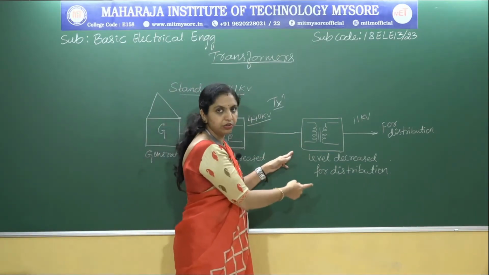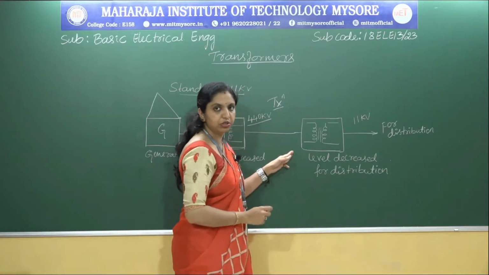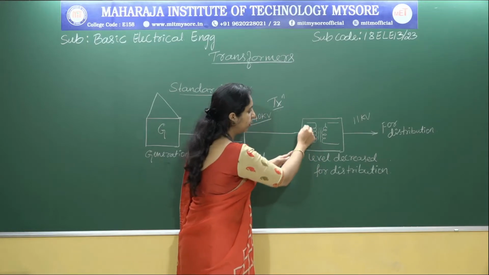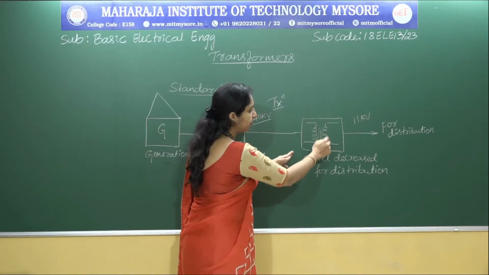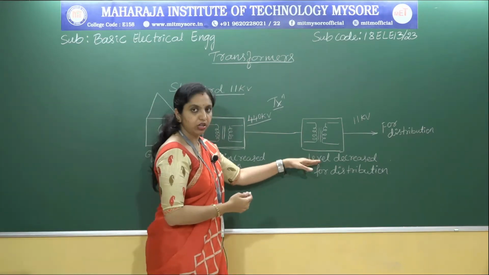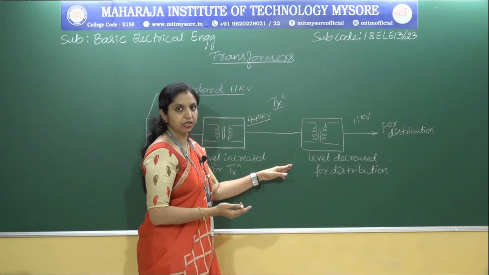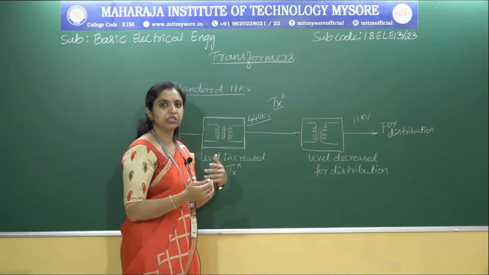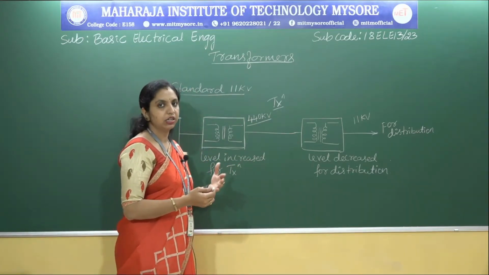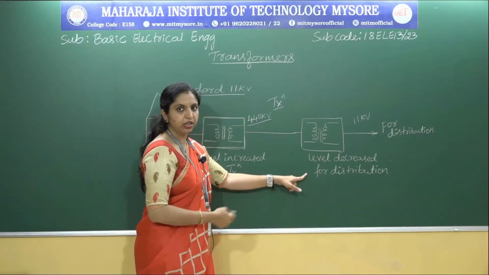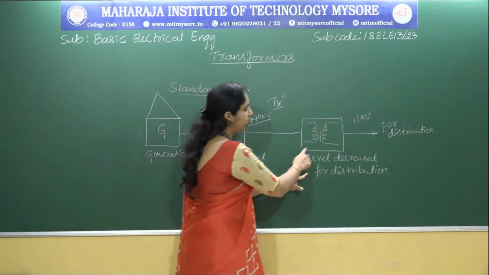Later, once it is transmitted, it has to be reduced again, that is for the distribution purpose. Here we have another transformer, which transfers electrical energy from one circuit to another circuit without any electrical connection. As I have already indicated, the level can be increased or decreased using the transformer with desired changes in voltage and current.